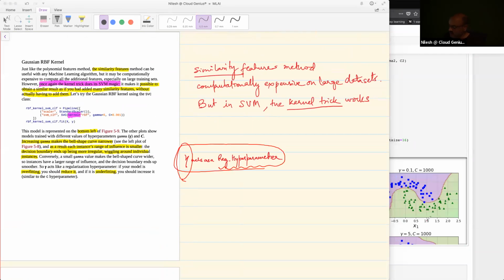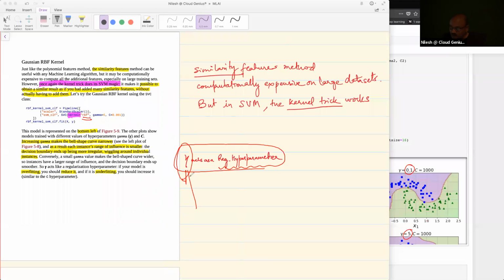What we are really doing in this illustration is choosing various values of gamma to see how it impacts the prediction function for support vector machines using the RBF kernel, which is your similarity function applied to the transformation of the original data set like we saw before.